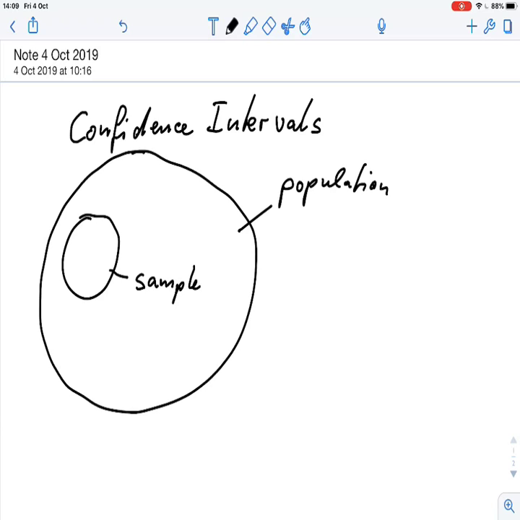You can almost compare that to, for example, if I take a sample of your marks in, let's say, 2 modules, then that is a sample, and I can attempt to predict your final degree classification.